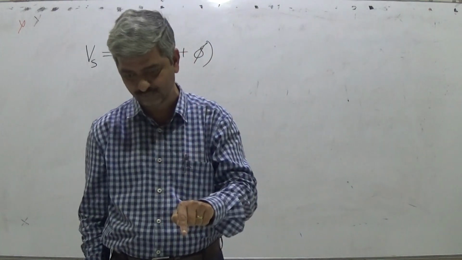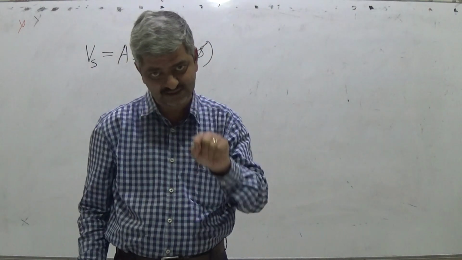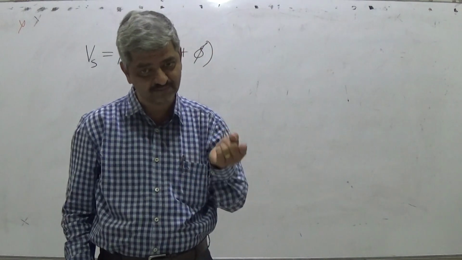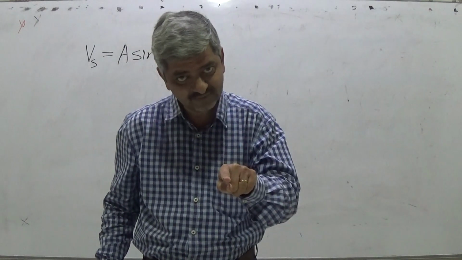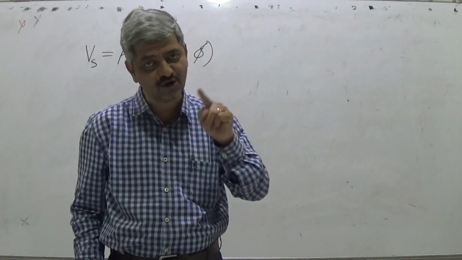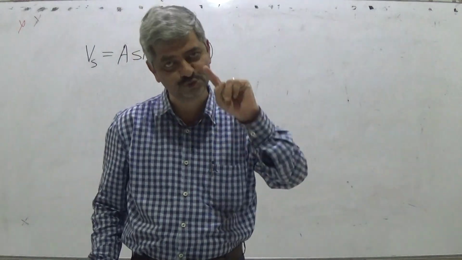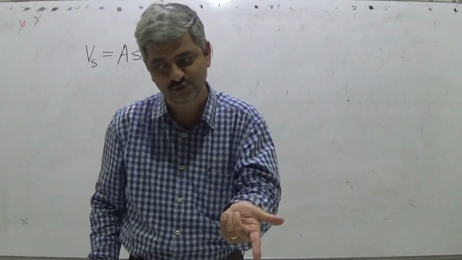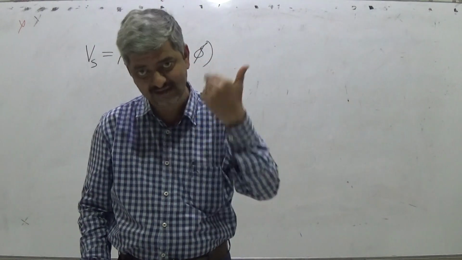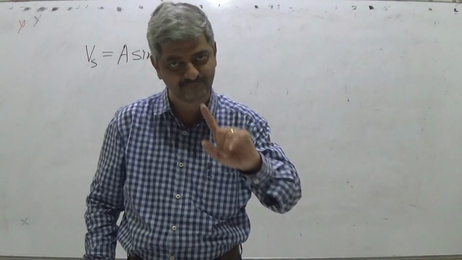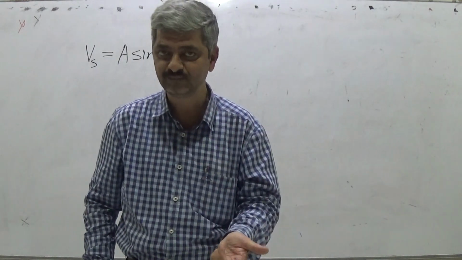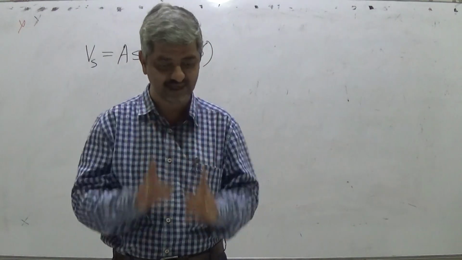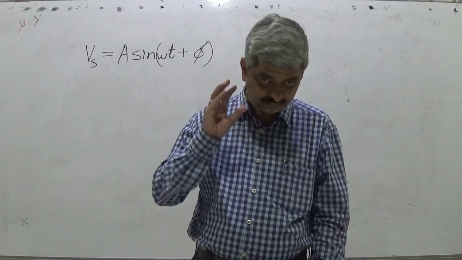But for a sinusoidal waveform, differentiation gives a sinusoid, integration gives a sinusoid, multiplication gives a sinusoid, and addition of any two sinusoids is also a sinusoid. Everything is a sinusoidal signal of the same frequency, maybe of different amplitude and different phase. I hope this is the fundamental crux of AC analysis. I will explain in Marathi.